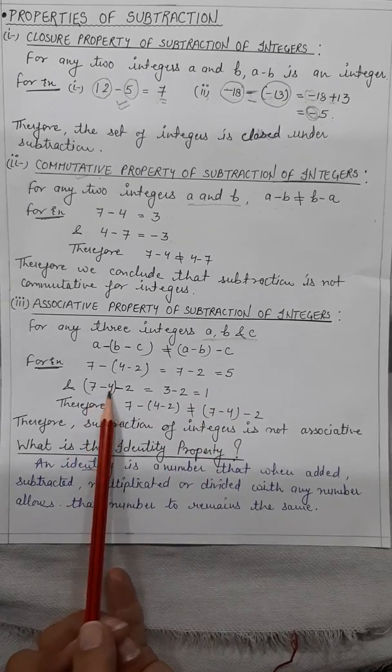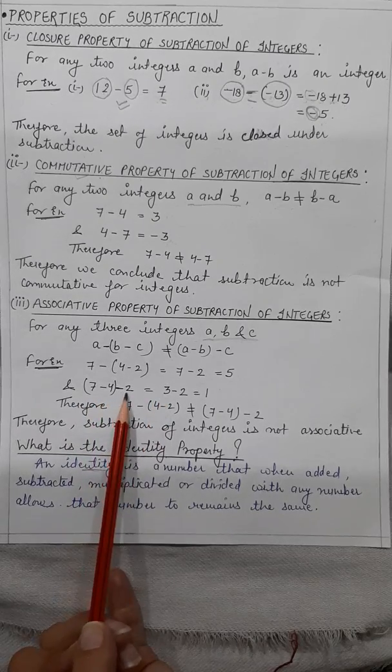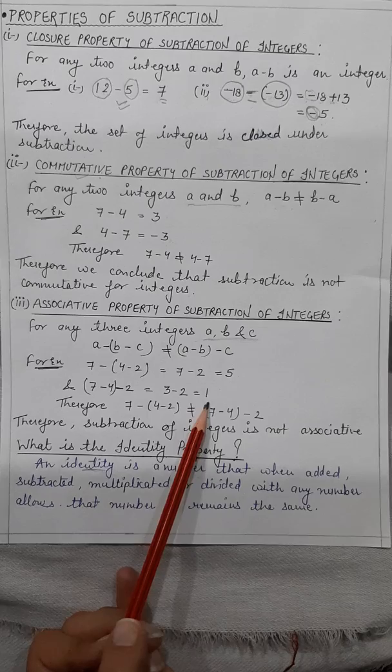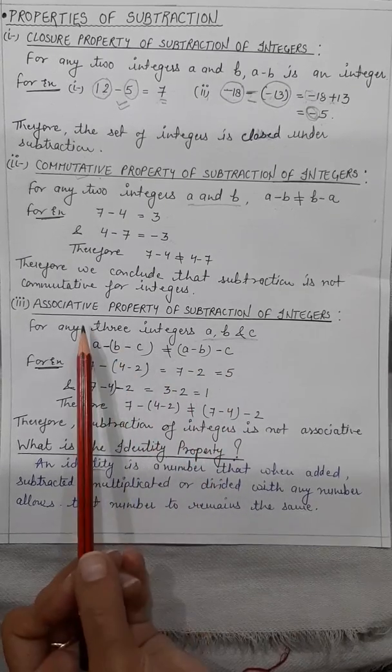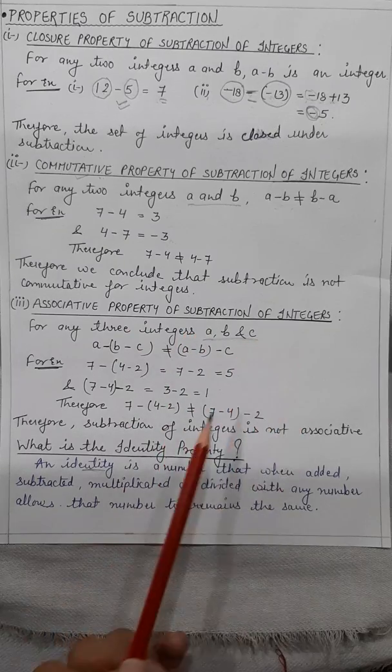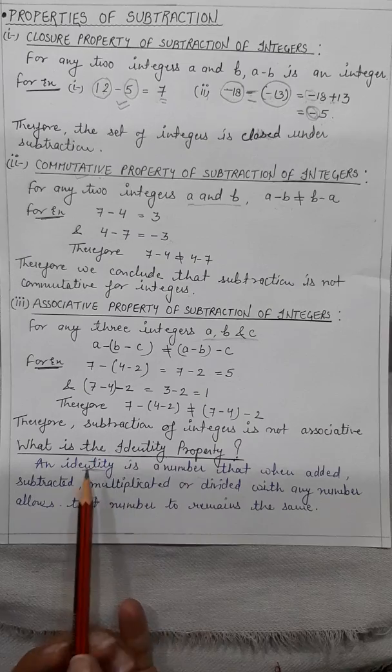Here I have grouped 7 and 4. So 7 minus 4 is 3 and 3 minus 2 is 1. Clear? So now you can see the answers are not the same. So the associative property of subtraction is not applicable for integers.